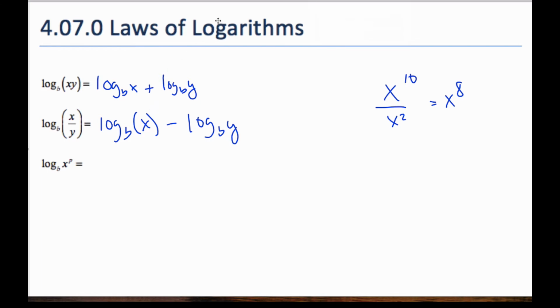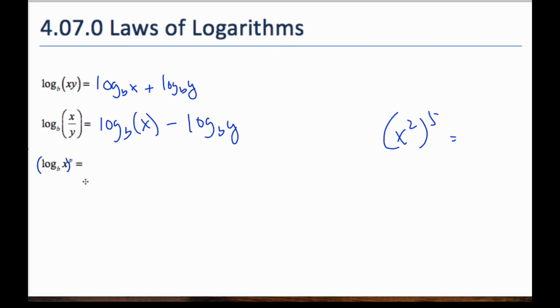And then finally for this last property, this is a little bit more of a stretch, but I'll try and justify it away. I know that this part here is an exponent. I know b to some exponent is x. Well, I know when I have x squared to the power of 5, I end up multiplying these.